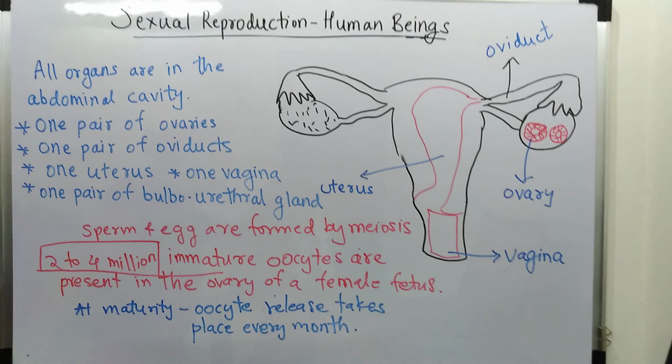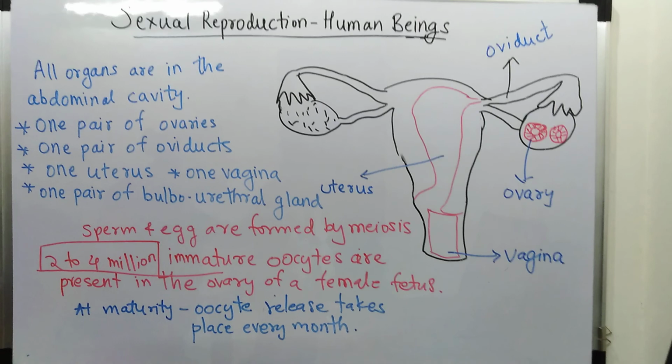Now we learned that in males the sperm is continuously produced from the time of maturity till death. But in females, already 2 to 4 million immature oocytes are present in the female baby. As soon as a girl matures, oocytes start releasing every month.